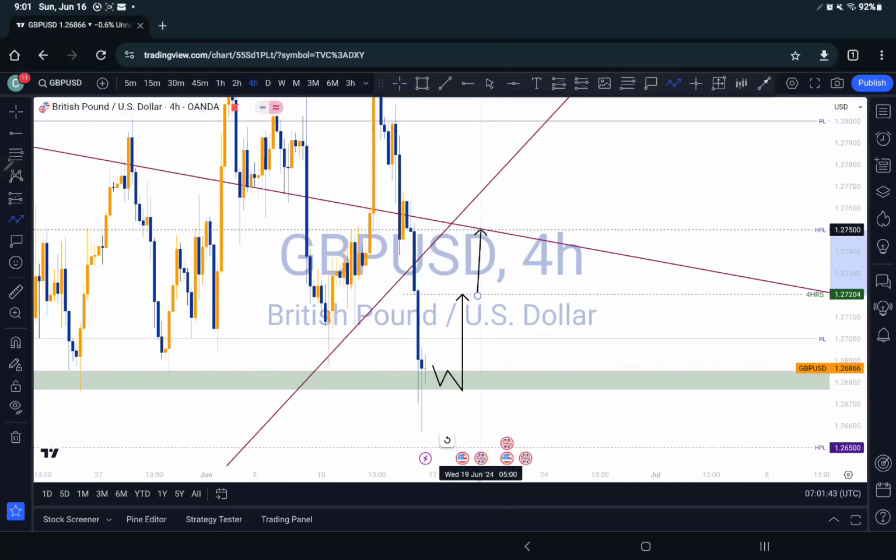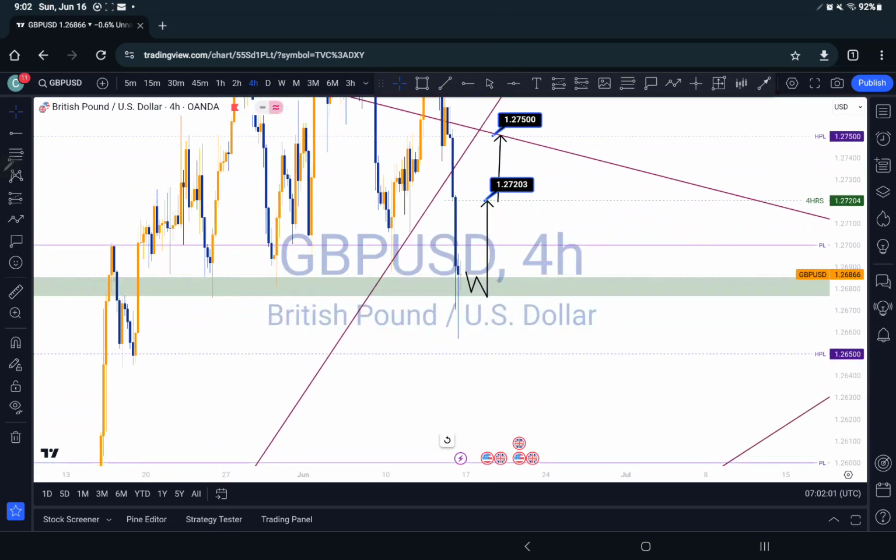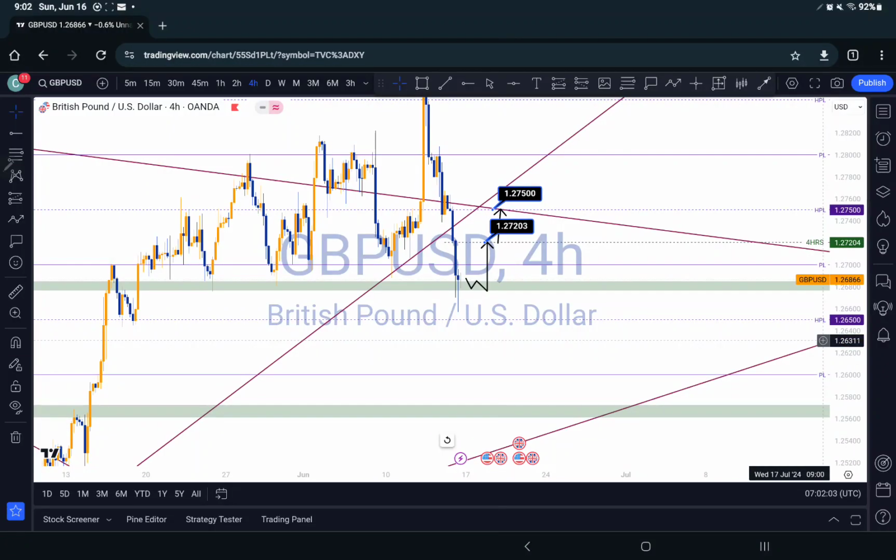TP1. Then if we continue, this will be TP2 right there. So let's put my price like first target is that, second is right there, and for us to see a down move, right?